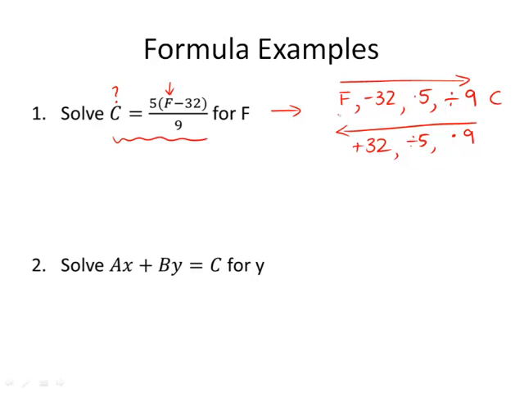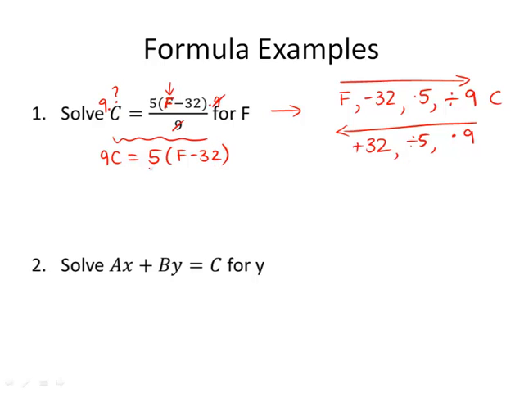So let's do that. To get Fahrenheit by itself, we need to get rid of some of the items, in this case, the 9. So let's multiply both sides by 9. We're allowed to do that. That gives us 9 times the Celsius amount is equal to, 9's cancel, 5 times the Fahrenheit minus 32.